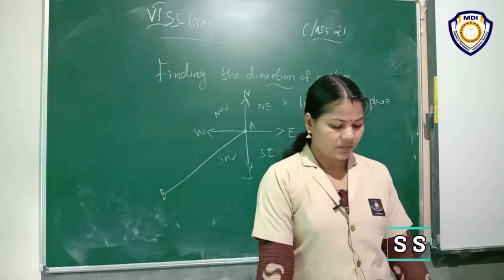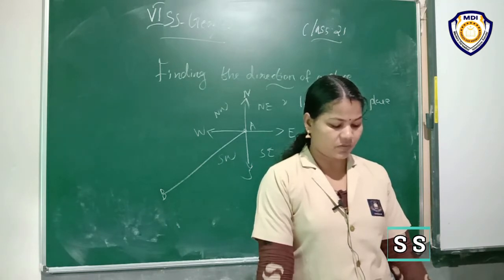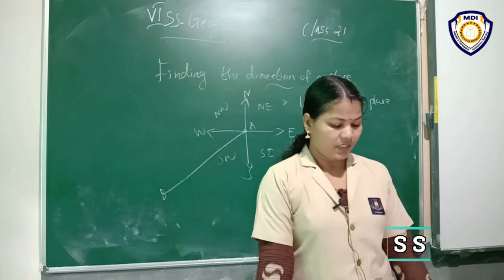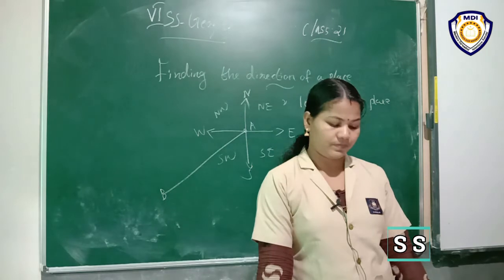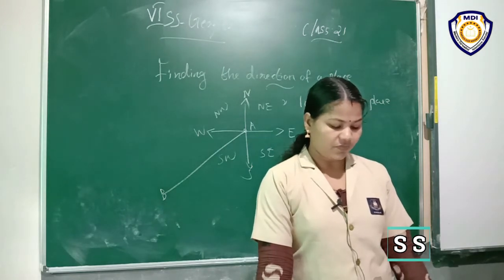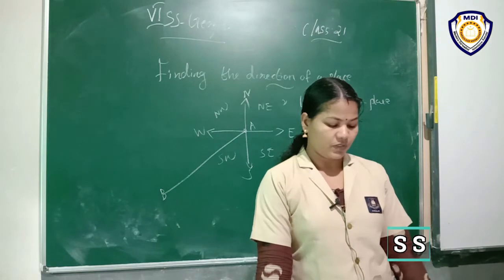With just this information, you cannot locate his house on your town's map. This is because there would be so many places which are 1 kilometer from the school. Now, if he tells you that his house is 1 kilometer to the south of the school, it would be easy to locate his house. That is because on the map, there would be only one place which is 1 kilometer to the south of the school. Similarly, if a friend had just told you that his house is to the south of the school, you would not have located his house.